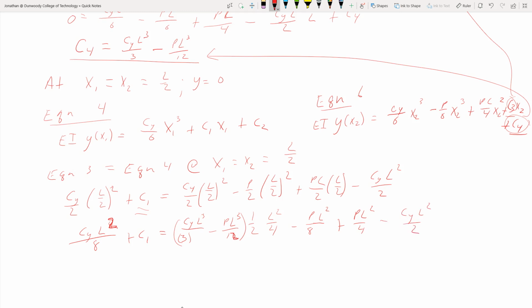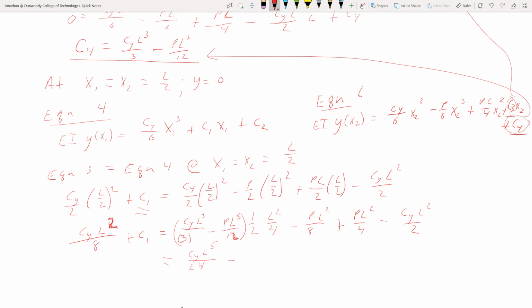Alright, what do we get there? So we have some terms we need to expand out here again. So we have CyL cubed times 3 over 3, 6, 24. And that's, make that a 5, because multiplied by L over 2.